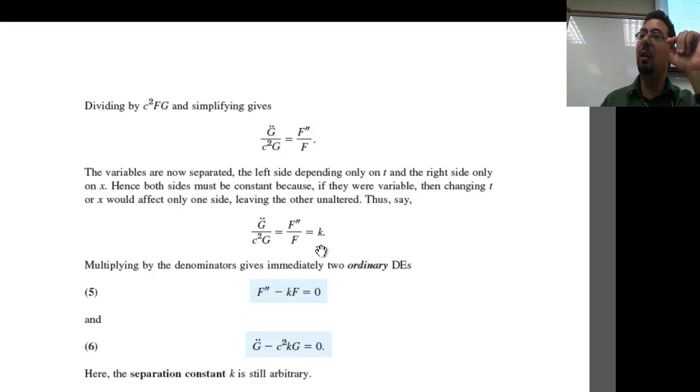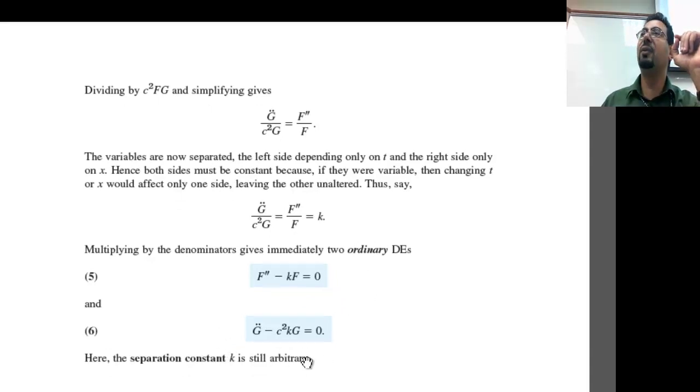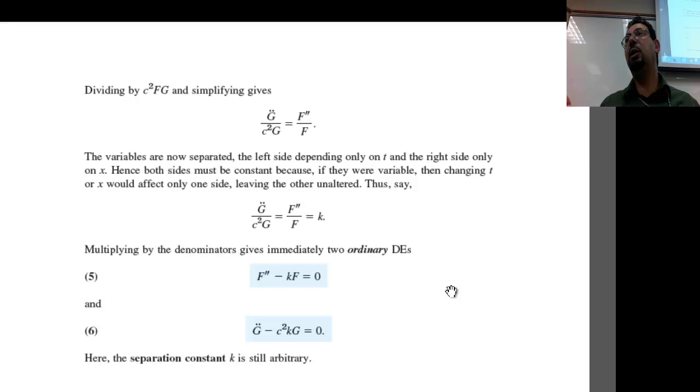So by solving this by itself, f double prime over f equals k, that's an ordinary differential equation, a function only of x. And this equation is only a function of t. So you solve the wave equation using the separation of variables step. Will this always work for any partial differential equation? No. That's why we have numerical methods, in case we cannot do this.